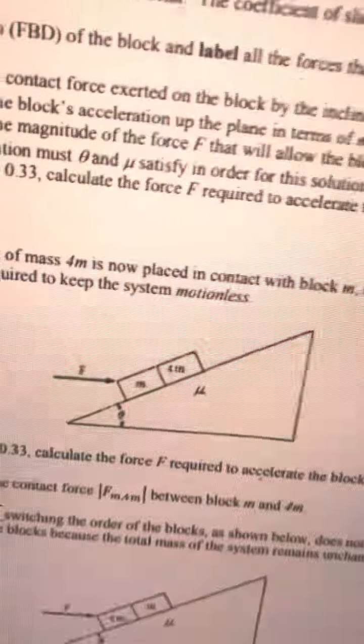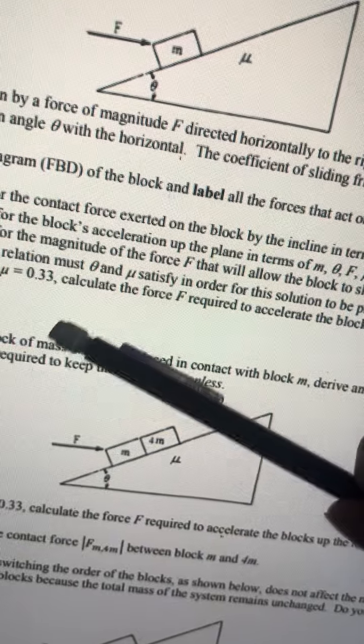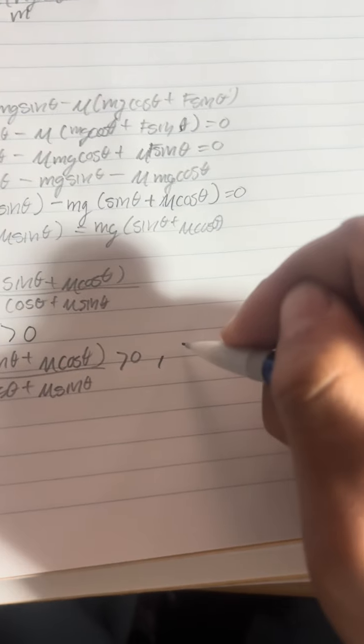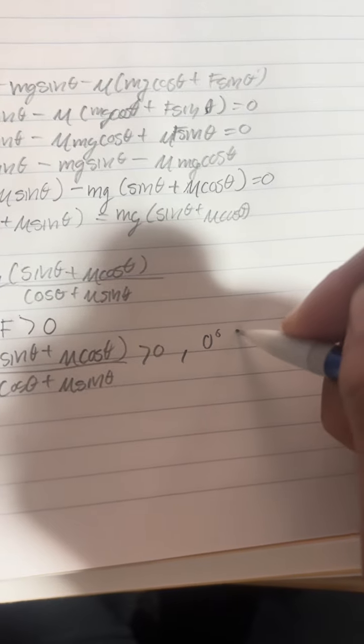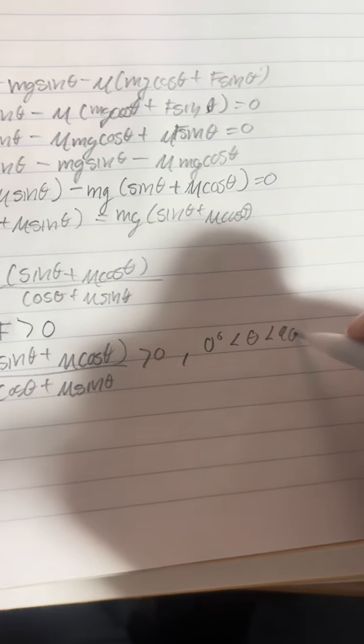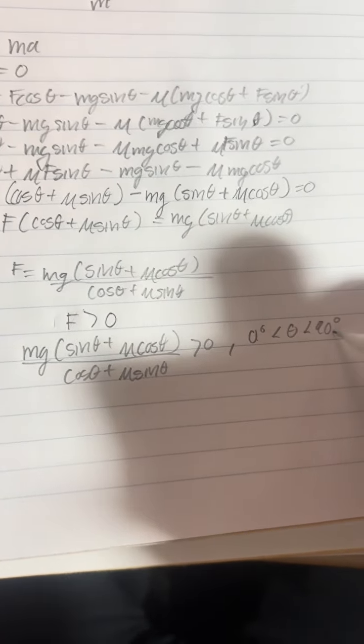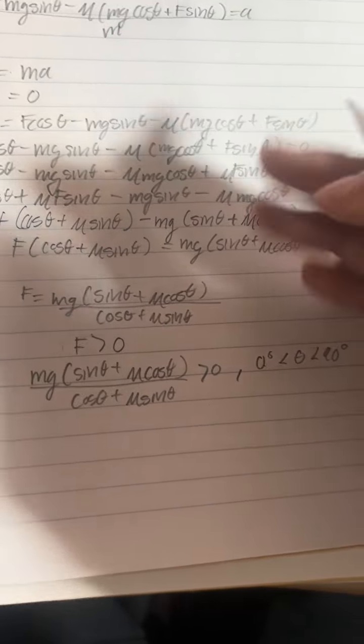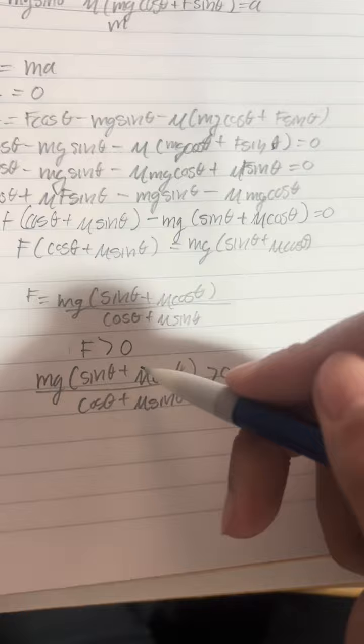Now this incline is from 0 to 90 degrees, because if it was greater than 90 degrees, then it would be over here. So theta is from 0 to 90 degrees. And from 0 to 90 degrees, sine and cosine theta are always positive. So this top does not matter.